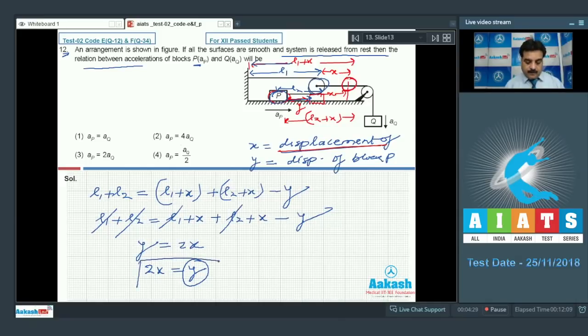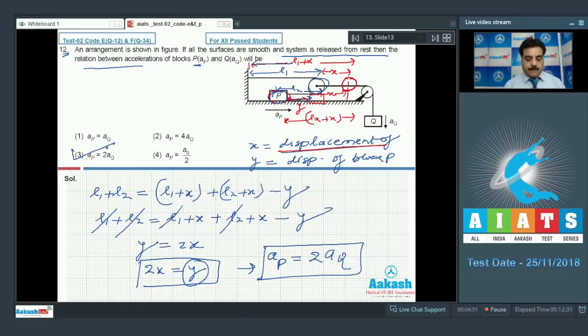When I differentiate two times, you will get the acceleration of block P equal to 2 times the acceleration of Q. So my option number 3 will be the correct choice.